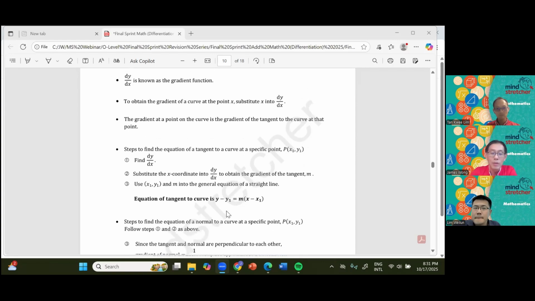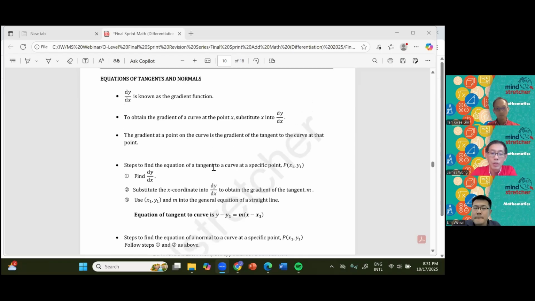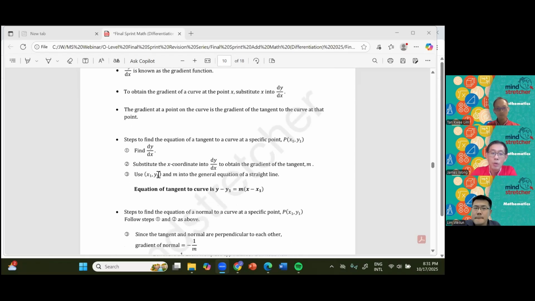In terms of finding equations involving tangent, once we know the dy/dx expression, you can find the gradient of the tangent at any point. Usually they will give you information regarding which particular point they want you to find.